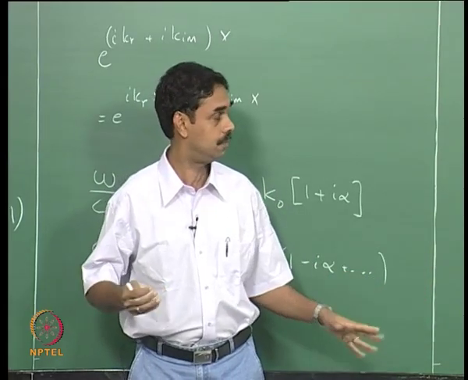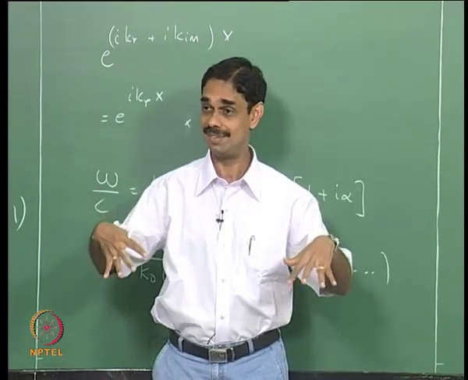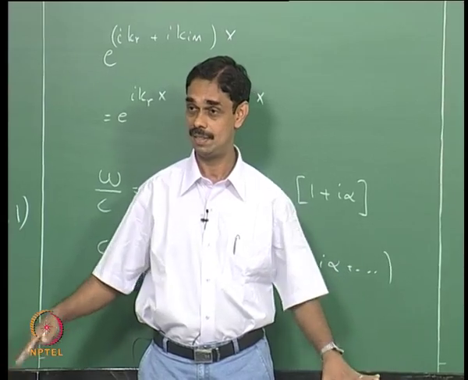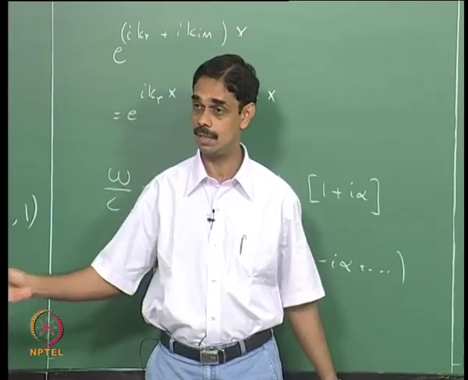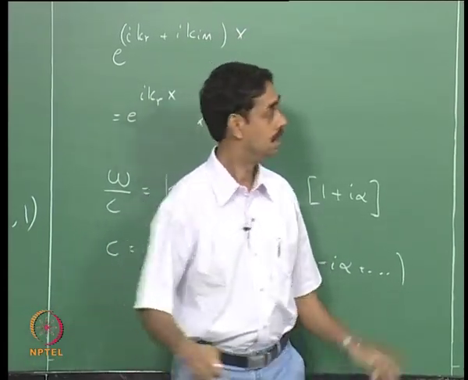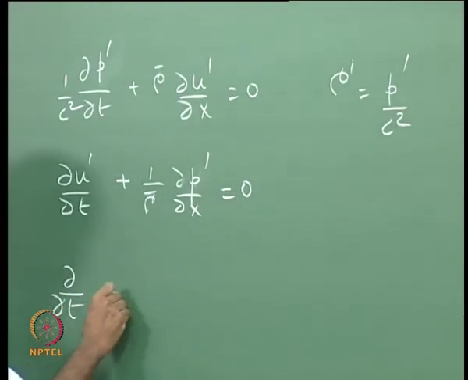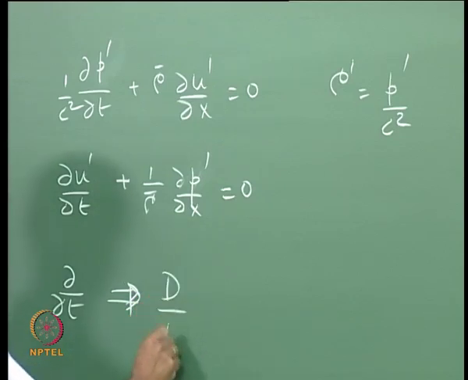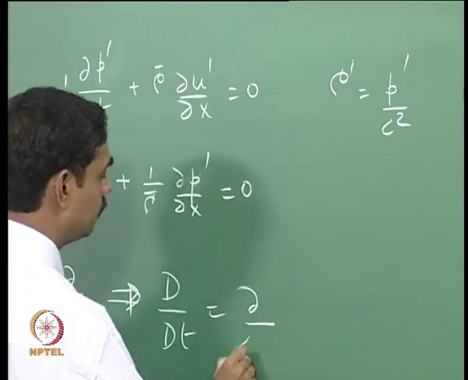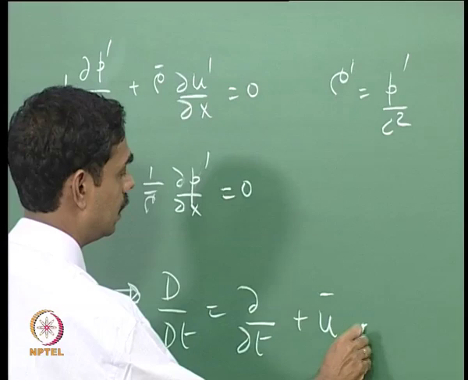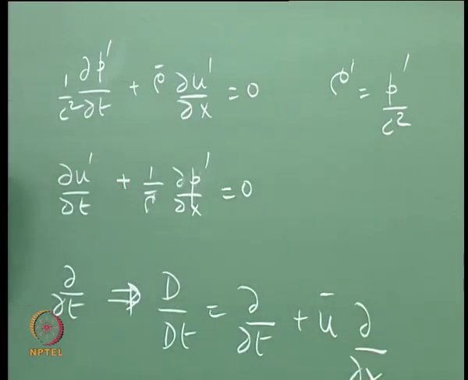Now if you get off the frame of reference and sit in the lab and view it from a laboratory frame of reference and imagine there is a mean flow, then all you have to do is replace this term dou by dou t with d by dt, which is dou by dou t plus u bar dou by dou x.